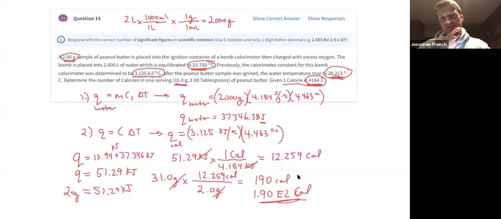It's not 100% clear, because in most of the times we've done these calculations, we've just looked at the heat capacity of the whole thing. They tell us the heat capacity for the calorimeter, but we also have to take into account that the water is undergoing a temperature change. So question 19 is a little bit more involved.